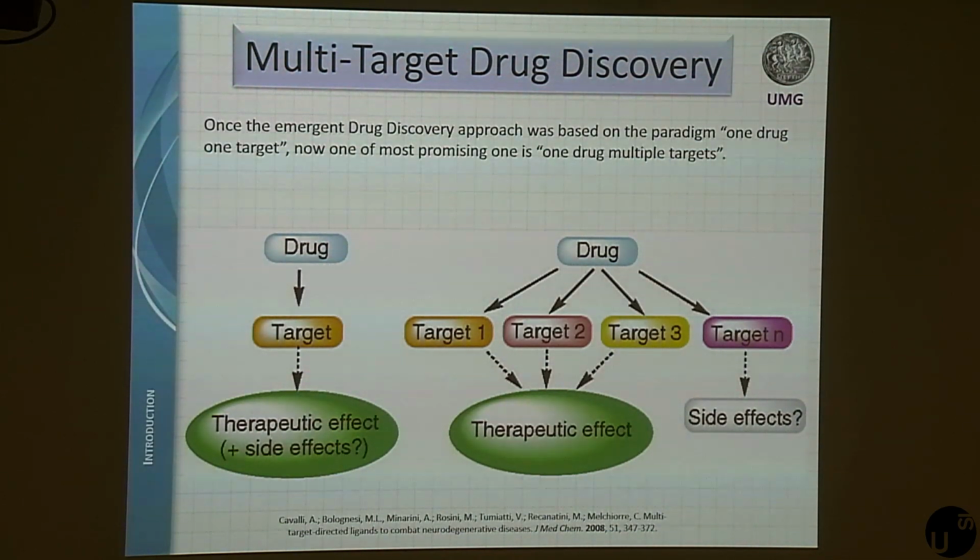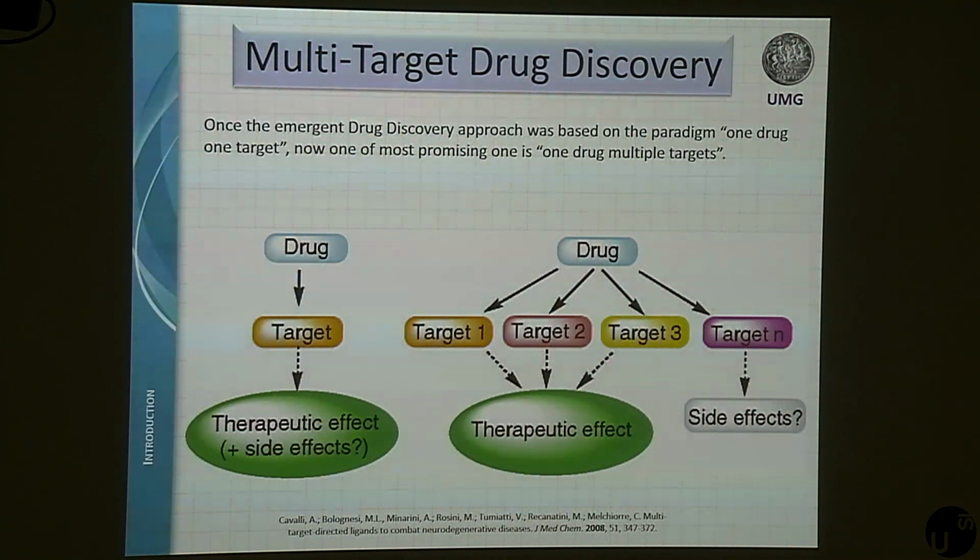First of all, we start with the difference between the so-called classical approach, the one drug, one target, that, by the way, was able to let us discover many important drugs. So this approach is still important. But for complex disease, like, for example, cancer or neurodegeneration, or also infectious disease, we know that the key targets involved are always more than one.